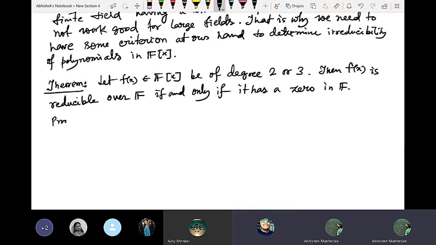The proof is as follows. Suppose that f(x) is reducible.